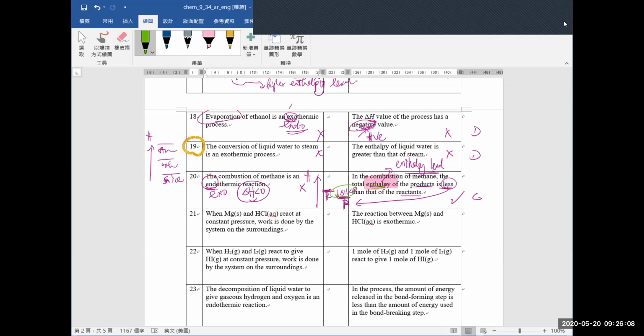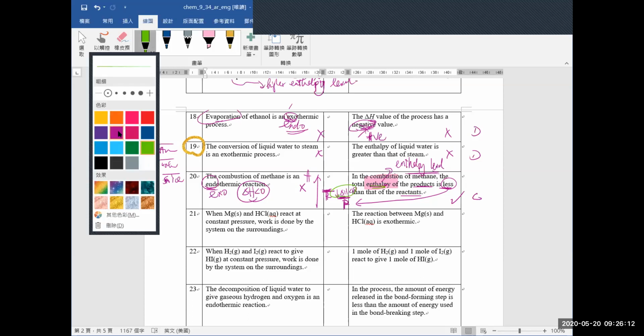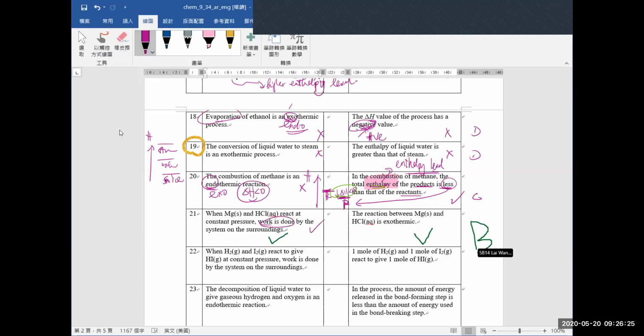Okay, 21. The first statement is correct. This one is exothermic, correct. The second statement is not related. Why is it work done by the system on the surroundings? So what does it mean by work done?